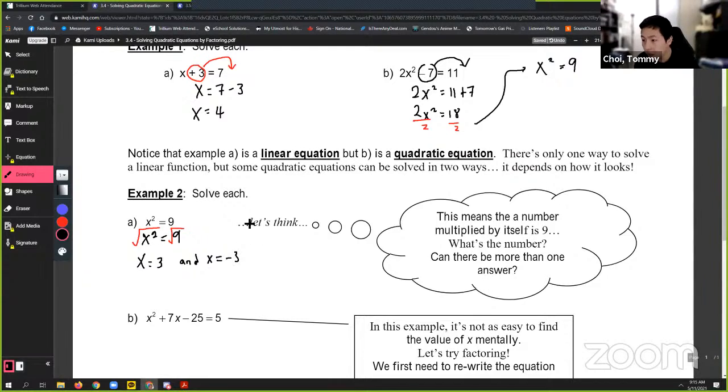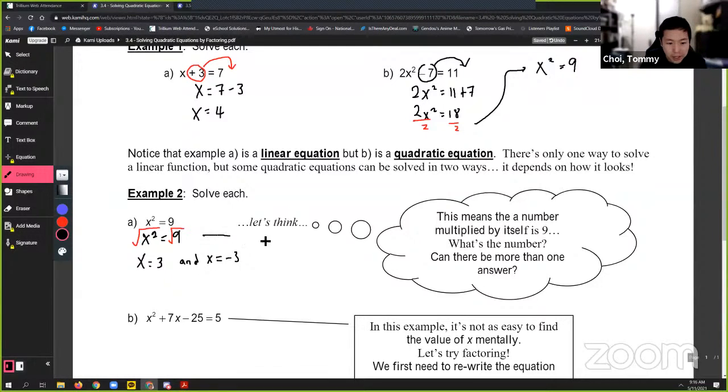Let's think. 3 times 3 is 9, but -3 times -3 is also 9. Because your calculator cannot show negative values and positive values at the same time, it only shows you the positive one.